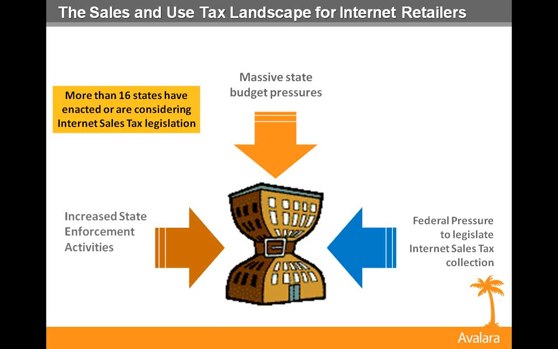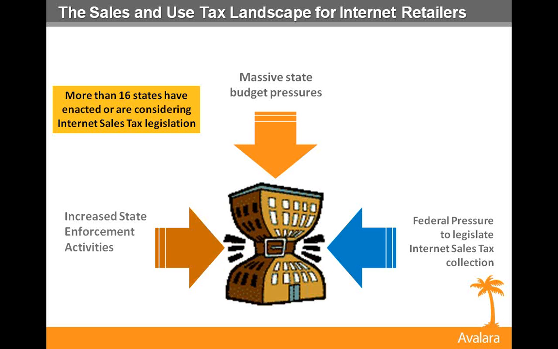They're increasing their auditors. They're looking at other ways to increase revenue. And e-commerce, the internet, is an untapped source for them, and they're looking at the e-commerce side of the business to help shore up their budget shortfalls.